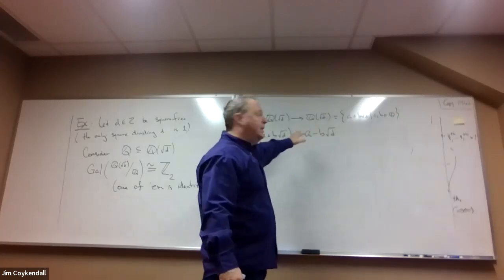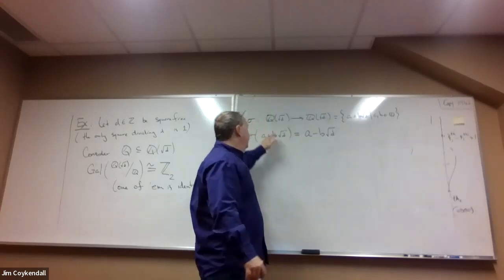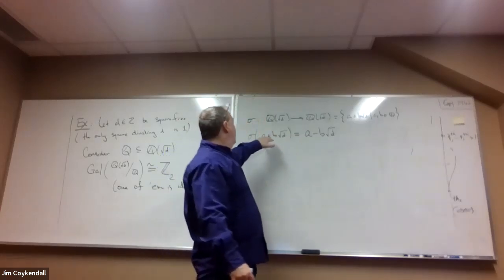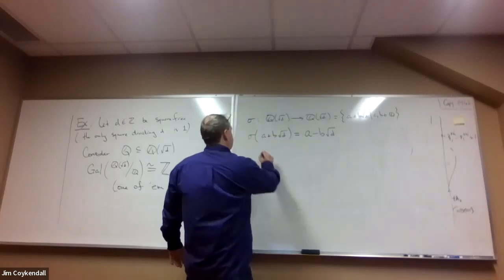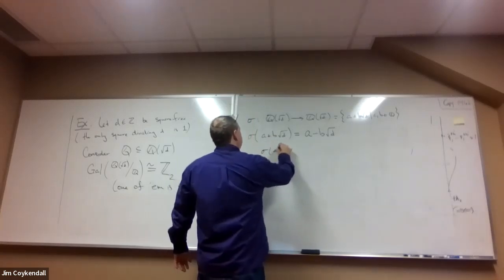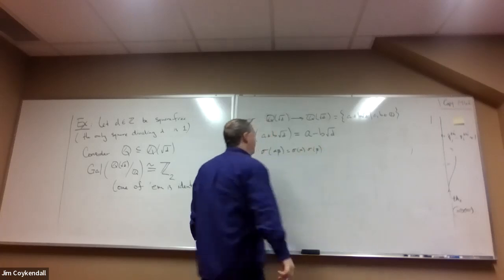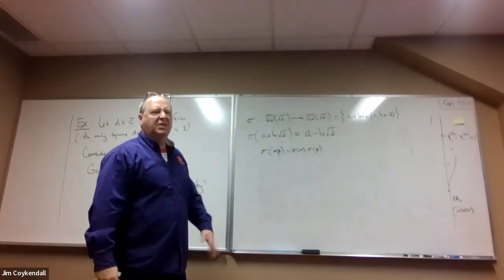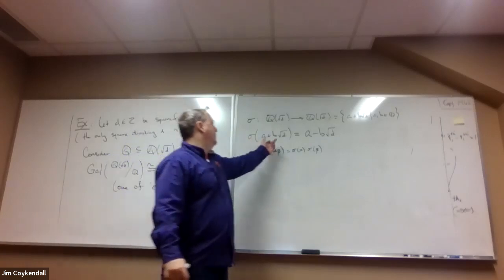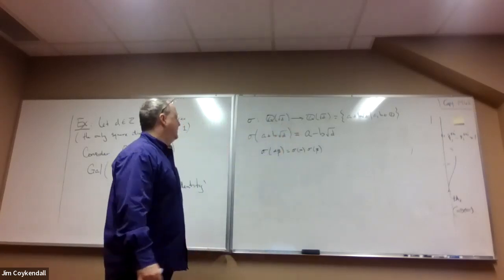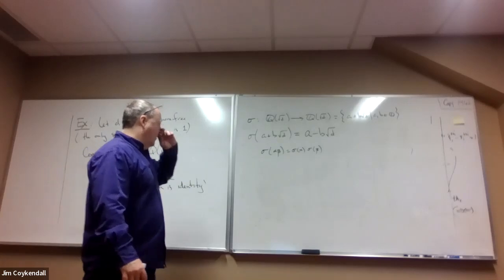The hardest part is showing that it works multiplicatively. Additively is easy. Showing that sigma of alpha beta is sigma alpha, sigma beta. It's not hard, but it's a little bit tedious because you've got to multiply these things out, but it's not a big deal. This is actually an automorphism.